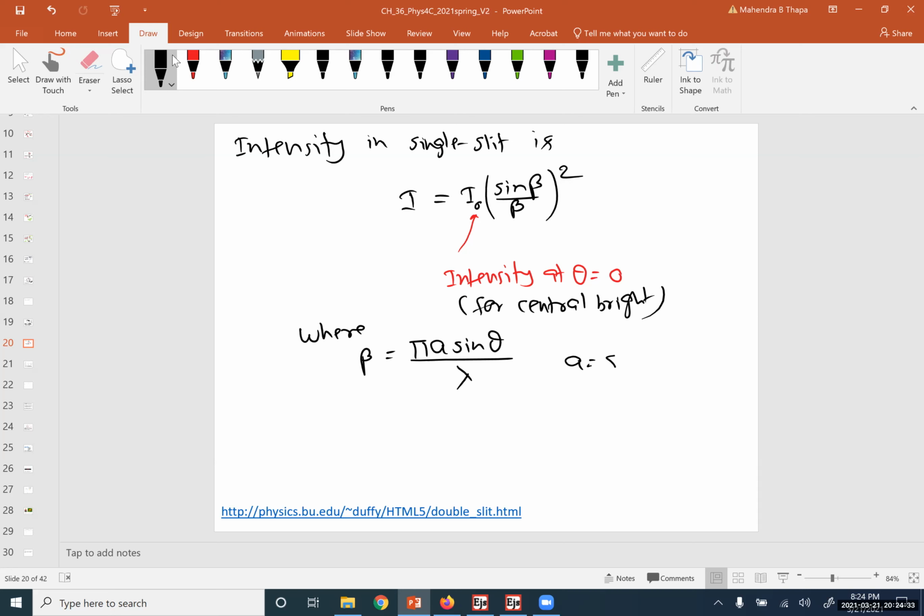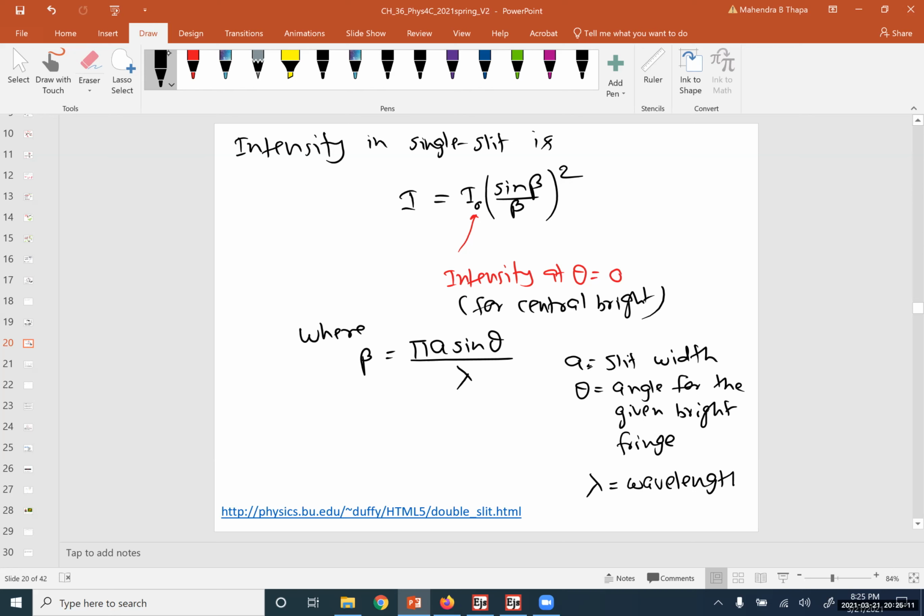Here A is the slit width, and theta is the angle for the given bright spot or bright fringe, and lambda is the wavelength of the light used.